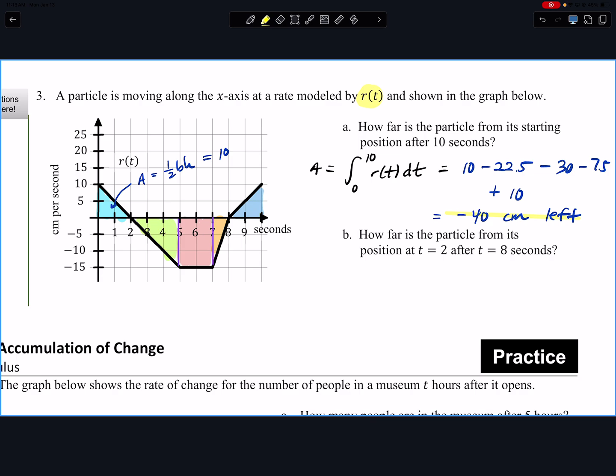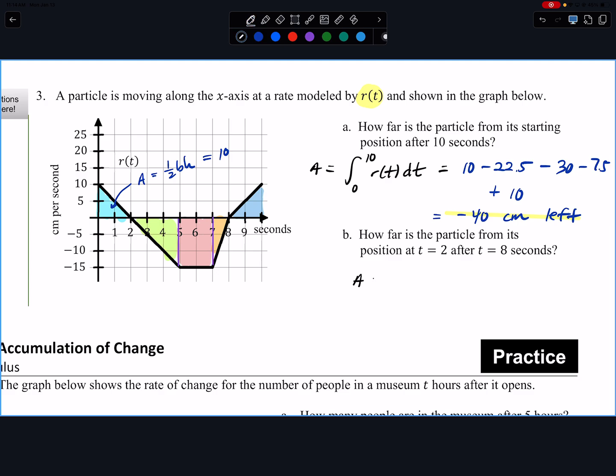Okay. This part is really easy. How far is the particle from its position at t equals 2 to t equals 8 seconds? So do you agree t equals 2 to t equals 8 is just all this negative area? Does that make sense? So all you're going to do is combine all the negative parts.